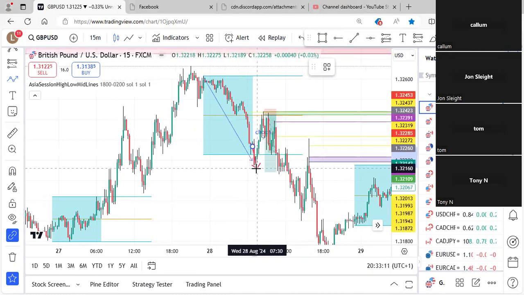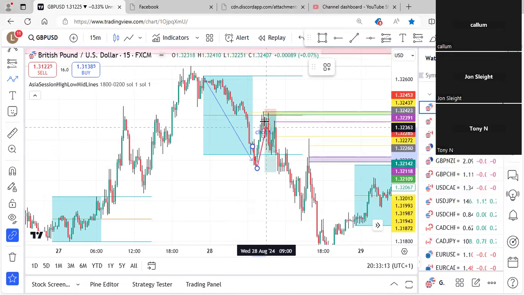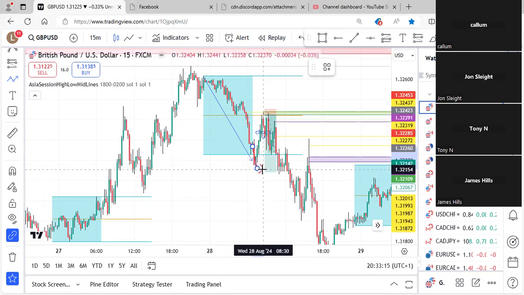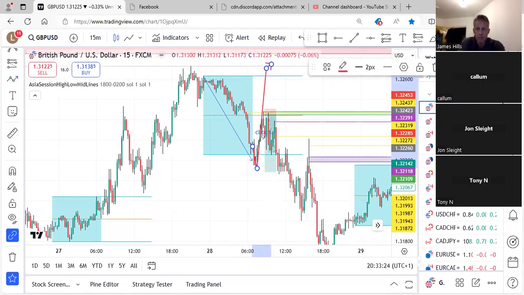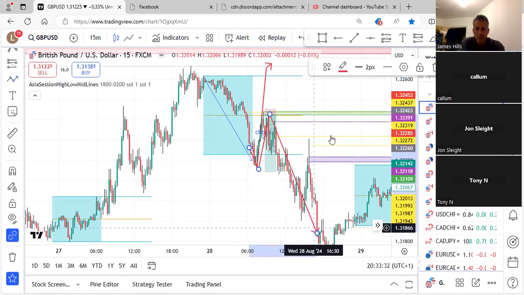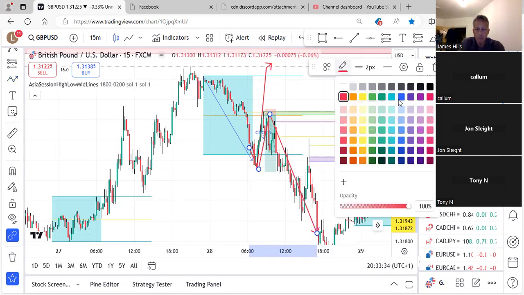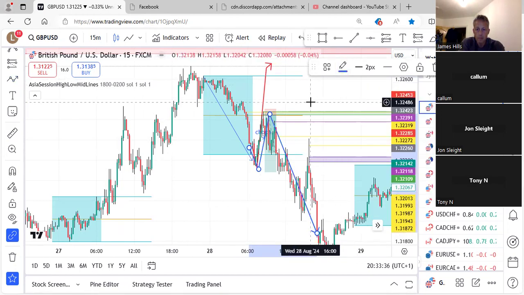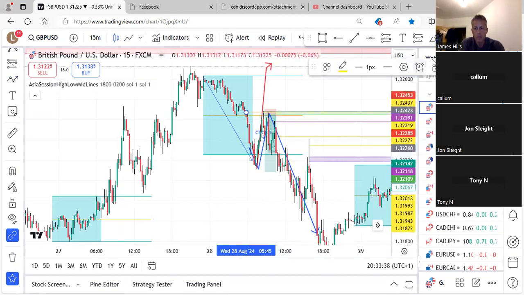So the options are: it could literally sweep the bottom and then continue high. Or it could sweep the bottom, midline test, sell. I'll change these colors. Delete these colors.